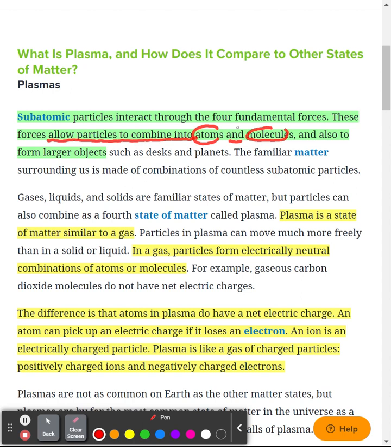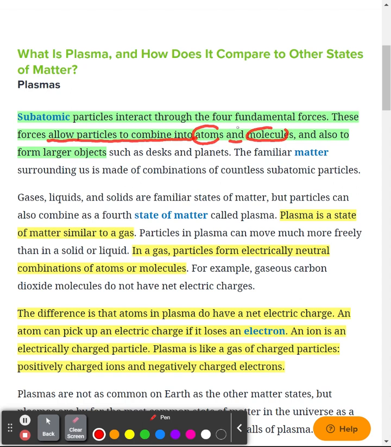Plasma is a state of matter similar to a gas. So that's probably the essential thing we want to write down here. Plasmas: a state of matter similar to a gas. Okay. All right.